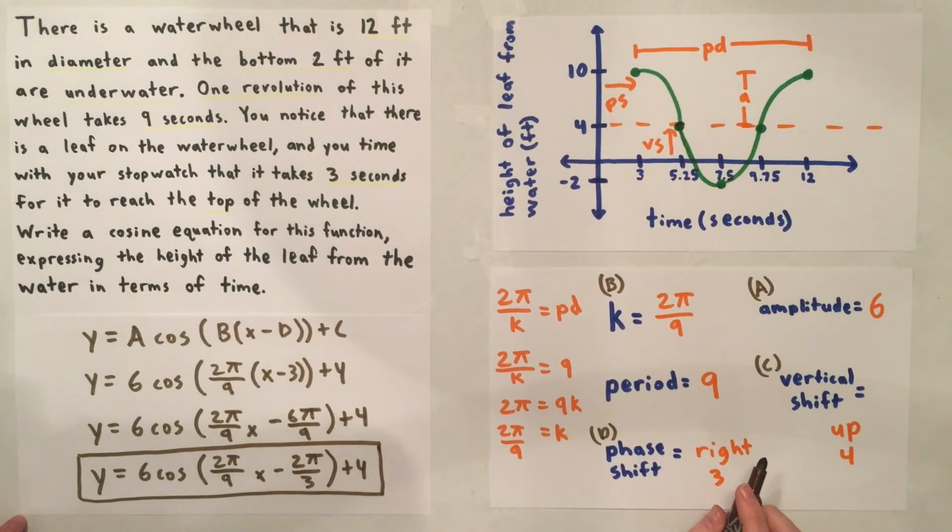And now we are done, because we have found a cosine equation that models this situation, expressing the height of the leaf from the water in terms of time.